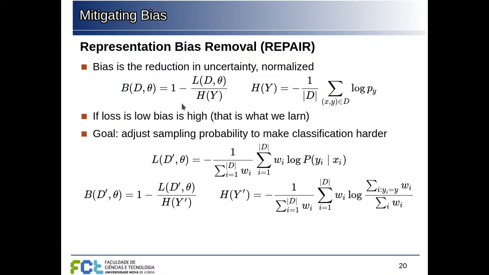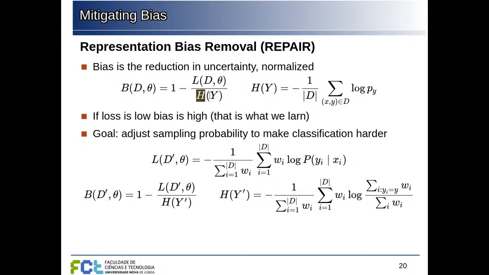This is precisely what we're learning. And we also normalize this by the entropy of all the classes, so that it is normalized between 0 and 1. But basically, this will be higher if the classes are all distributed evenly, and lower if we have things unbalanced in one class.